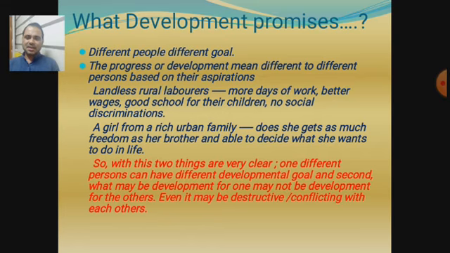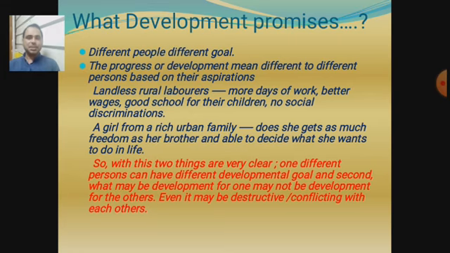Let us take another example of the book, which talks about a girl from a rich urban family. For her, does she get as much freedom as compared to her brother? Is she able to decide what she wants to do in her life? Does she enjoy the same kind of freedom and equality or other privileges?